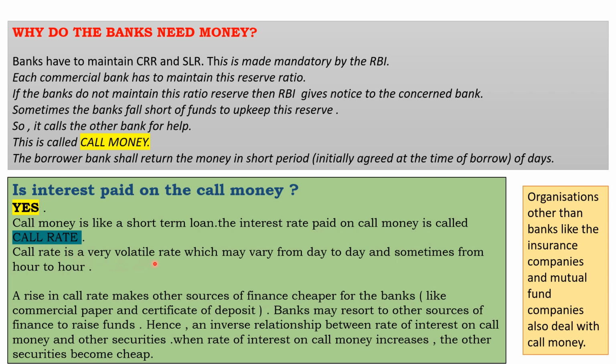Call rate is a very volatile rate which may vary from day to day and sometimes from hour to hour. This rate of interest on the call money keeps on changing. Not only on a daily basis, it also changes on an hourly basis, it is a very highly volatile rate. It does not remain fixed.